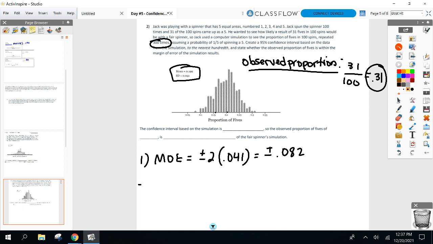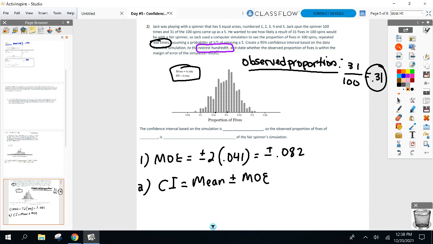So how do you use your margin of error now to find the confidence interval? Mean, and then plus or minus that margin of error, which means I'm going to add and subtract the margin of error from my mean. And just a heads up, the confidence interval has to be to the nearest hundredth.